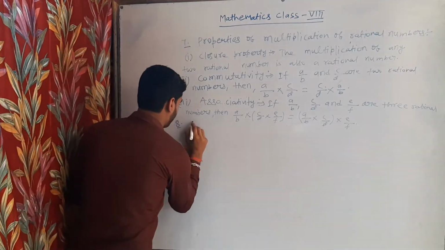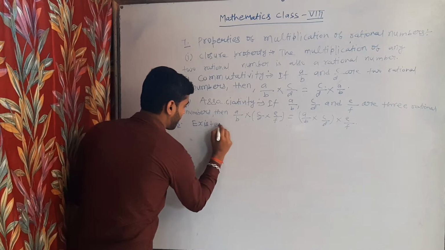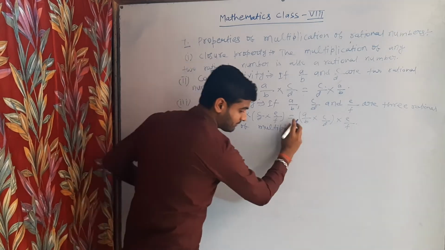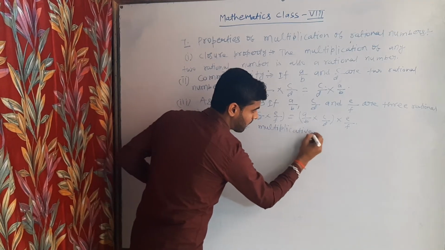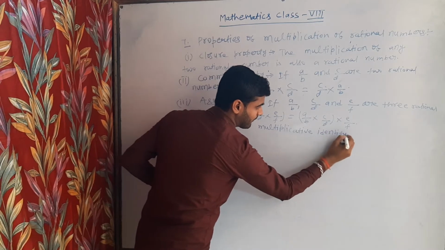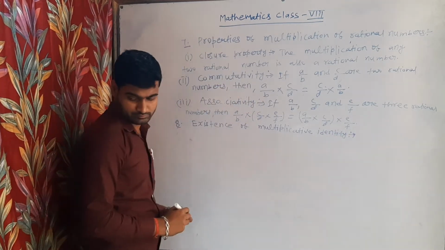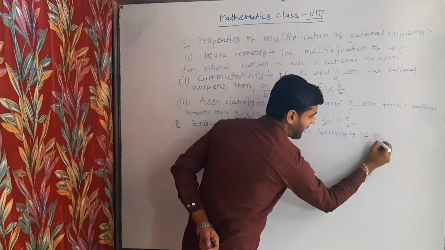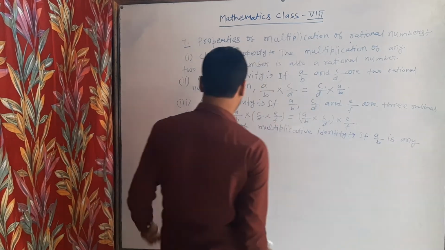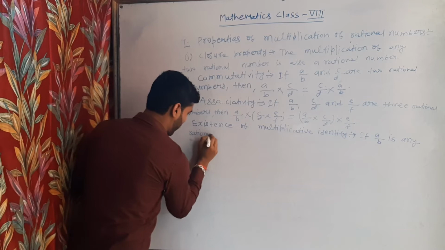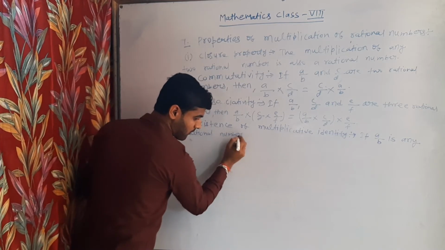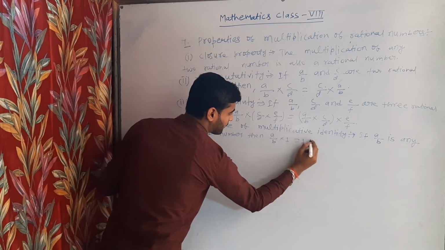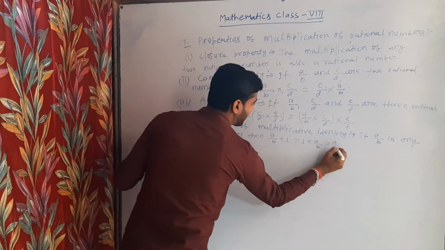Number 8, existence of multiplicative identity. If a by b is any rational number, then a by b multiply 1 equals 1 multiply a by b, which is equal to a by b.